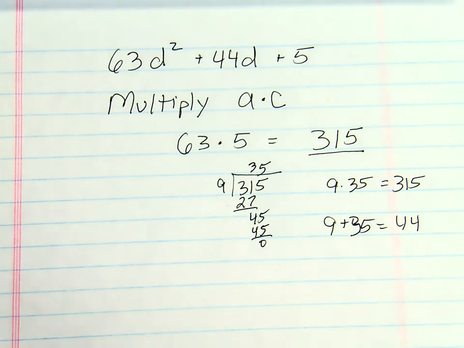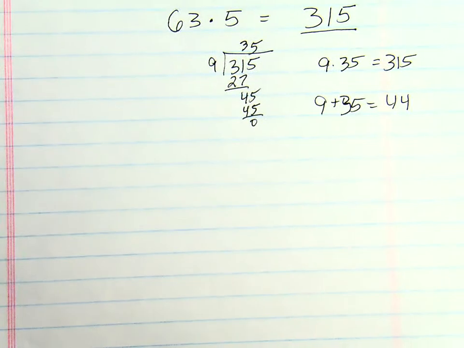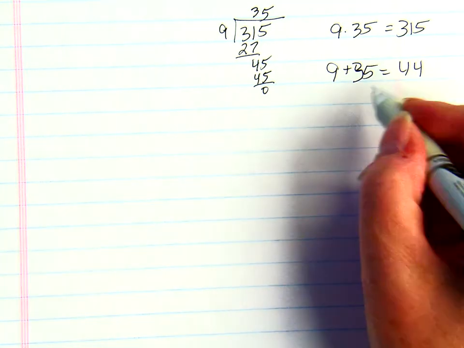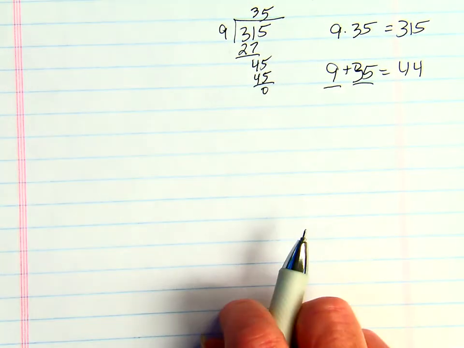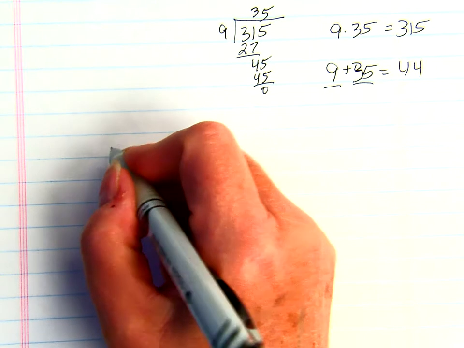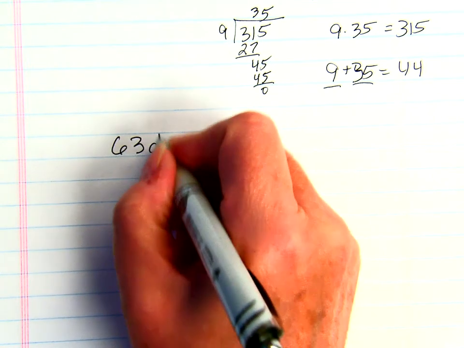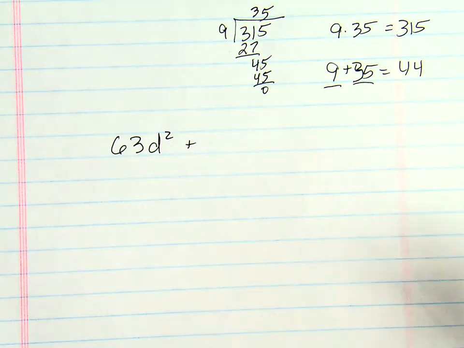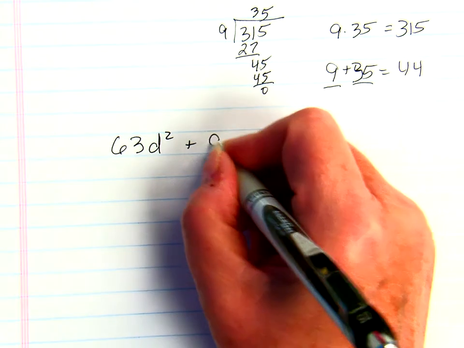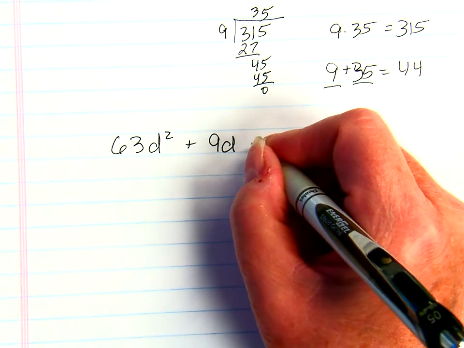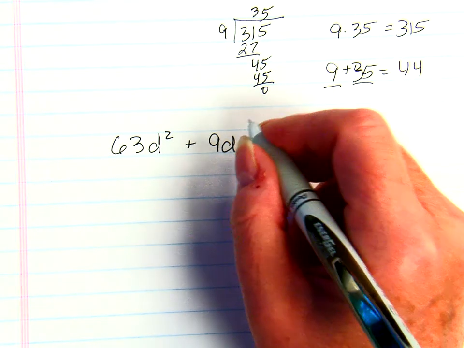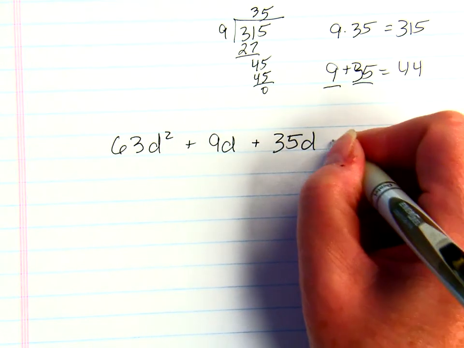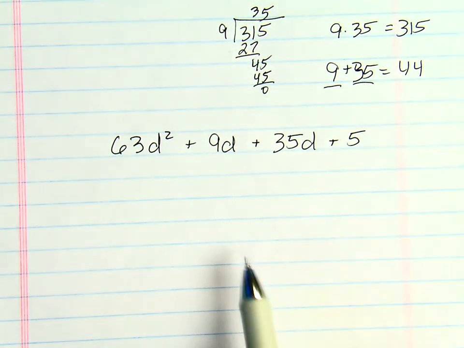Hopefully you're with me. So what we're going to do now is rewrite that original problem, but use 9 and 35 instead. So this is now going to look like this: 63D squared plus 9D plus 35D plus 5.